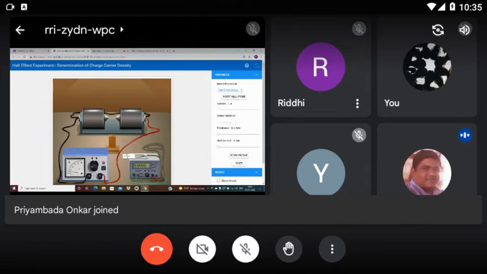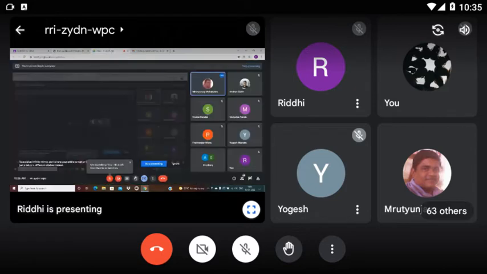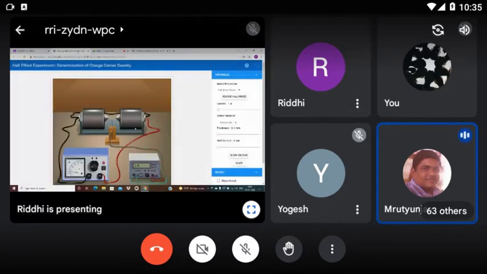Then after you can select the material. Then start the experiment. Then go to select material. Okay, fine. Clear or not clear? Yes, sir. Okay, stop presentation and continue noting observation.